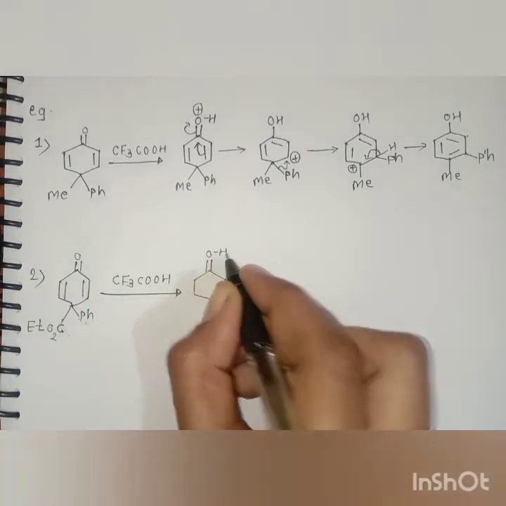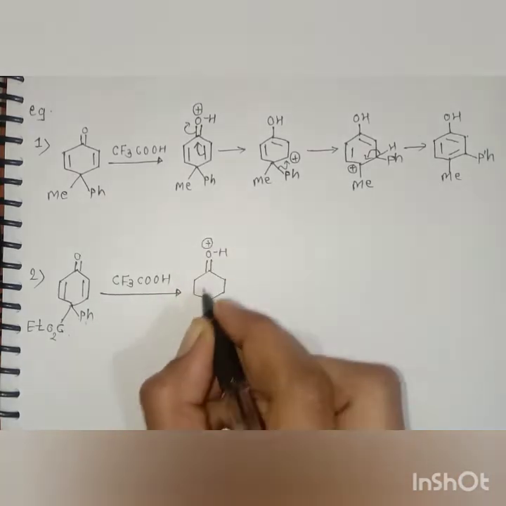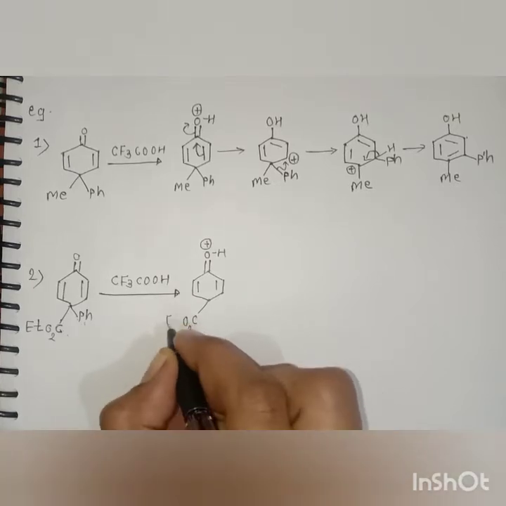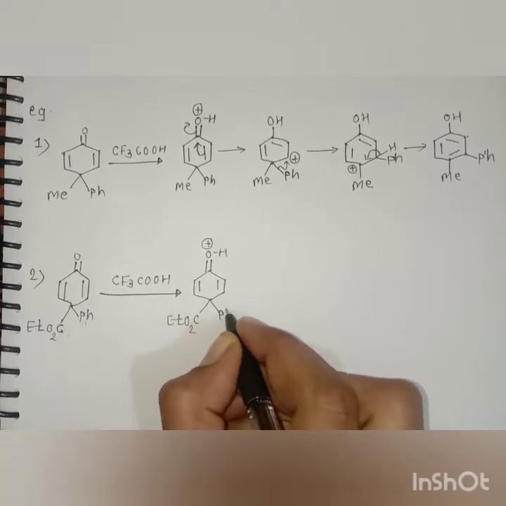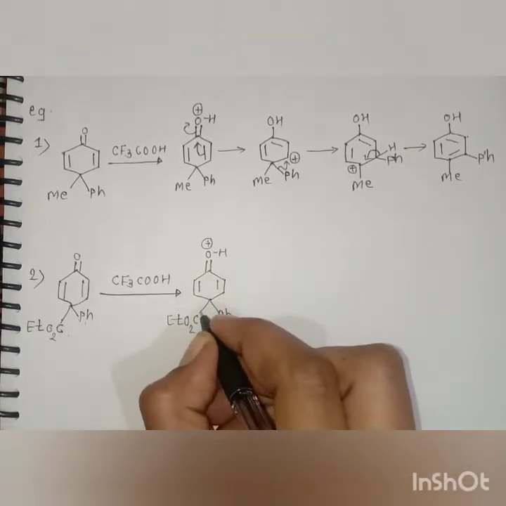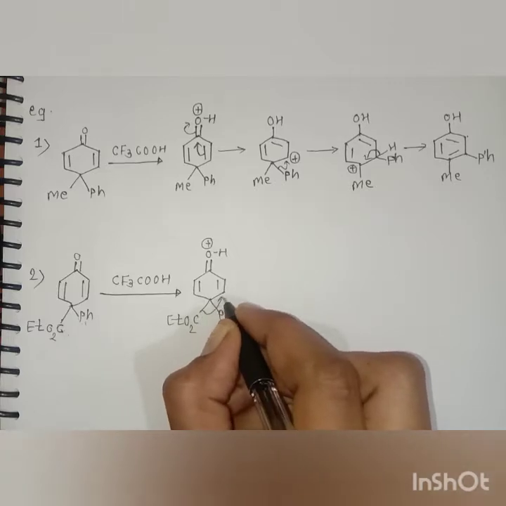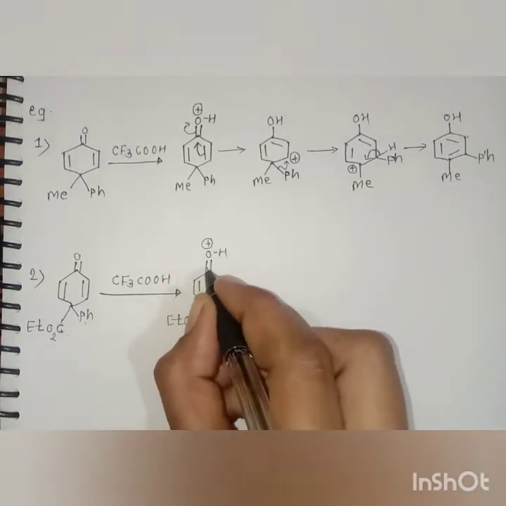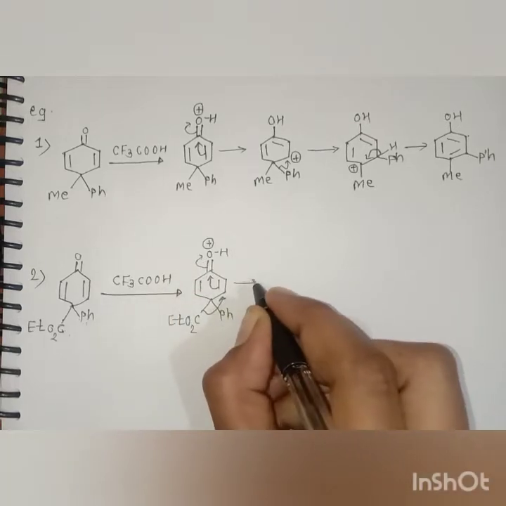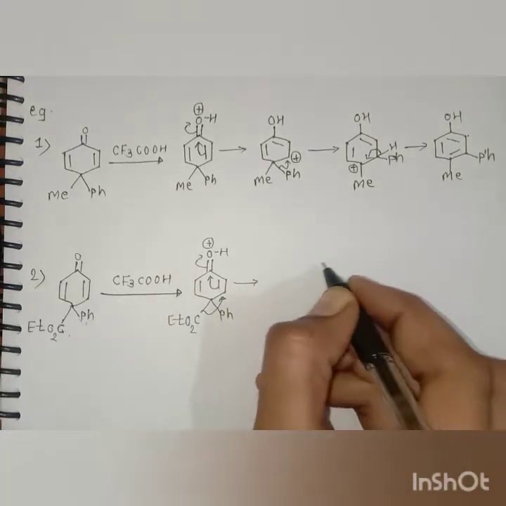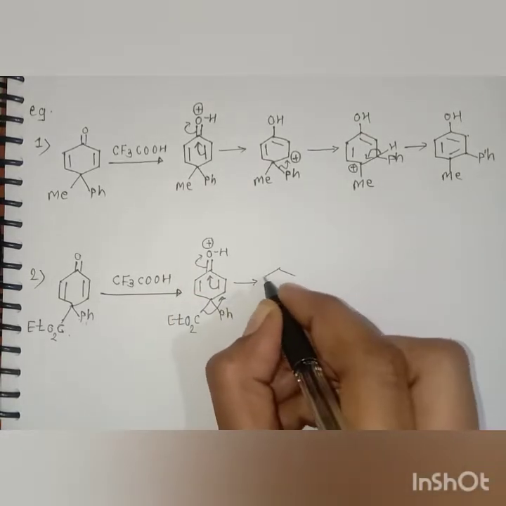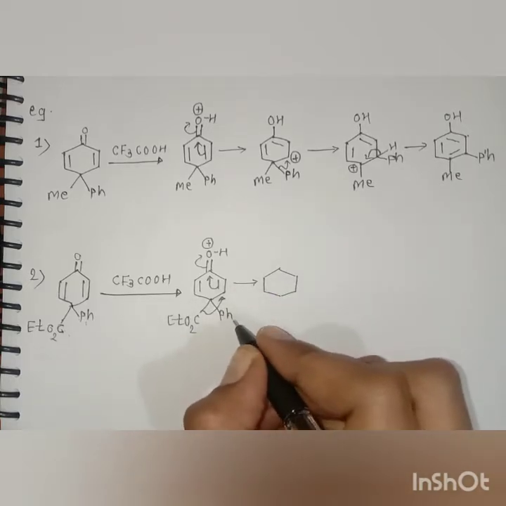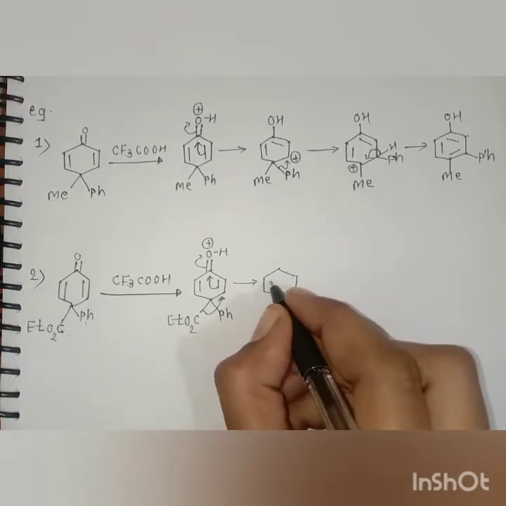Firstly the protonation takes place and we get this. In the next step, this CO2Et group migrates here, this bond shifts here, and neutralization of the positive charge on the oxygen takes place. I am showing all the reactions simultaneously.